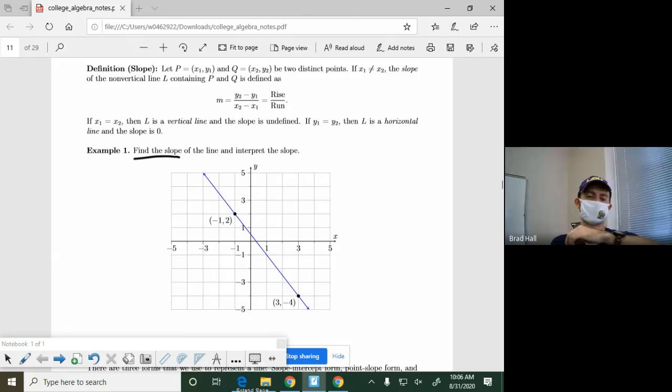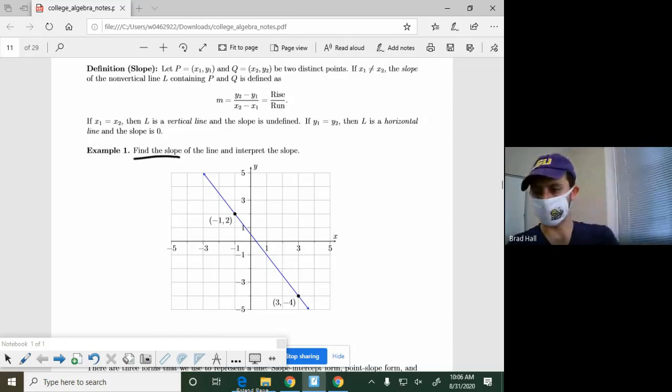A large positive slope would be a very sharp incline. A small positive slope would be a very small incline, just like that. And we have some algebraic ways of determining that using the y2 minus y1 over x2 minus x1, the rise over run stuff.